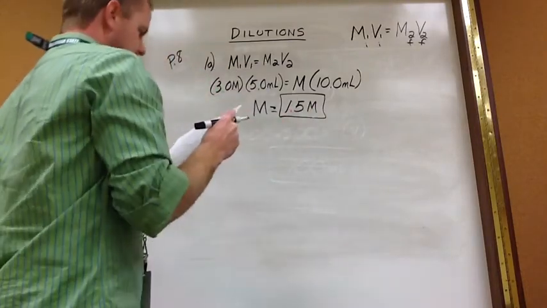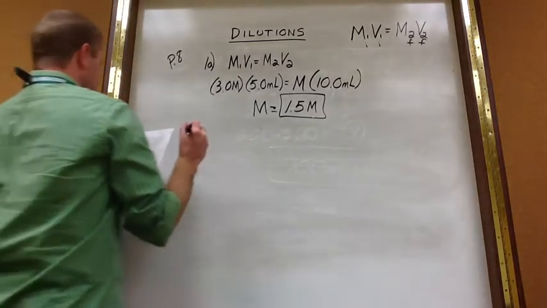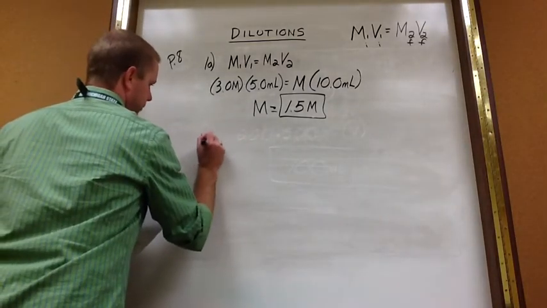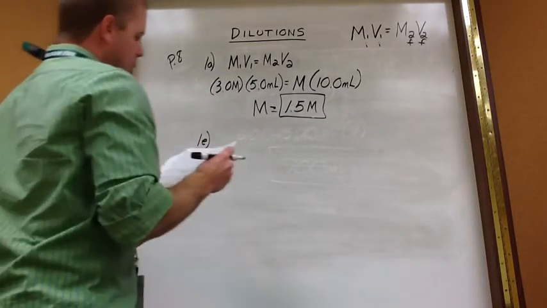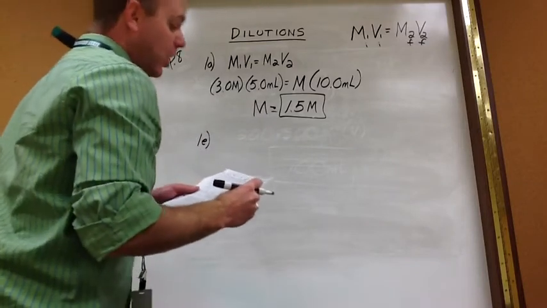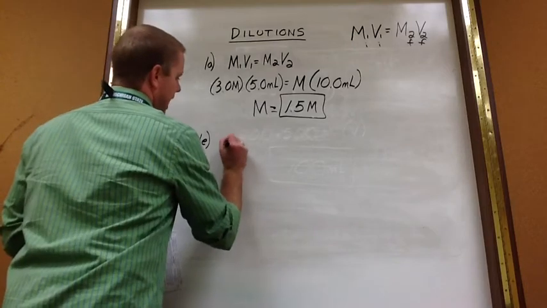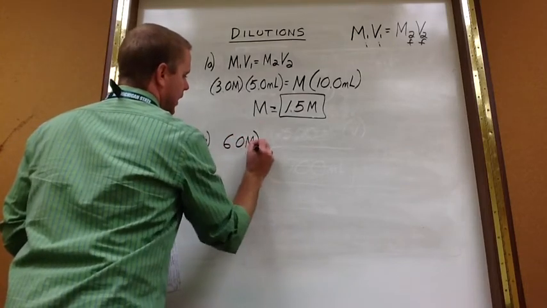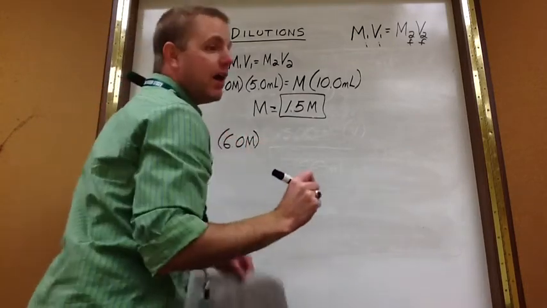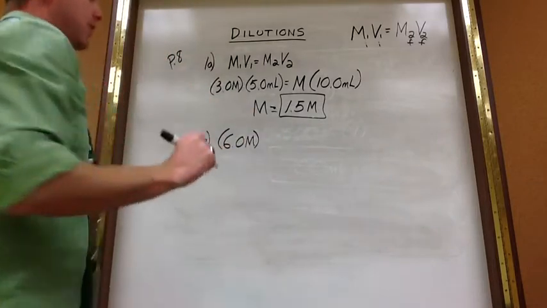Let's do another one. Let's do 1E. It says 1 volume of water and 2 volumes of 6 molar KCl. So, now it's 6 molar KCl. It says 1 volume of water and 2 of the KCl.